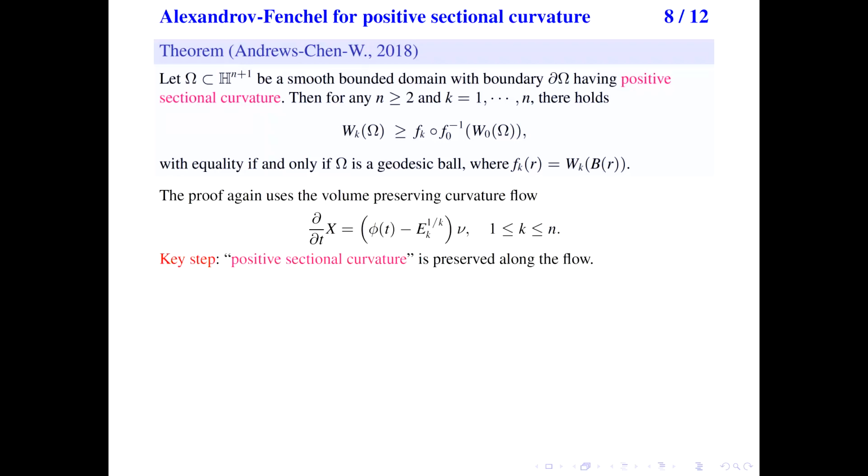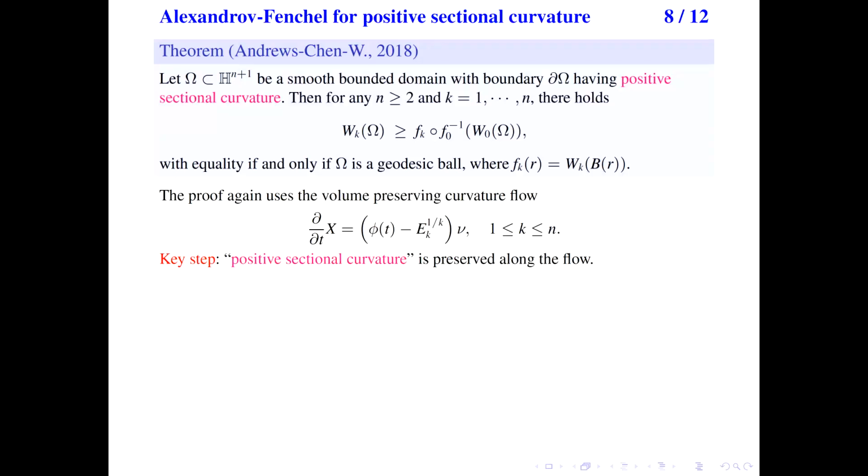The method is again by applying the volume preserving curvature flow. That is, the flow is the same as the one considered by Wang and Xia. Here we consider the case for l is 0. The key step in the proof is the property that the positive sectional curvature can be preserved along the flow.